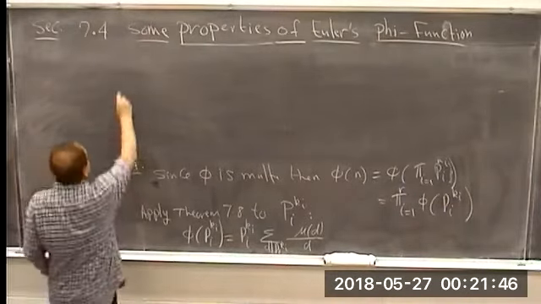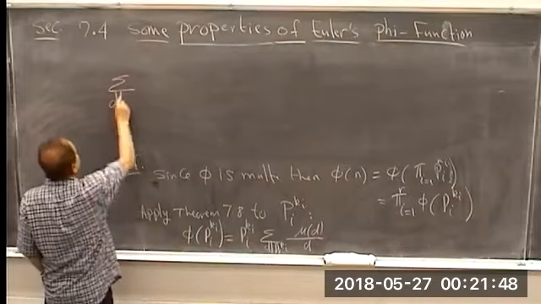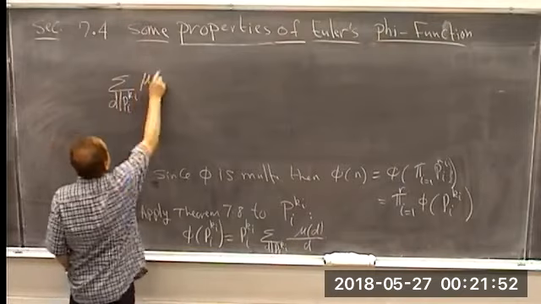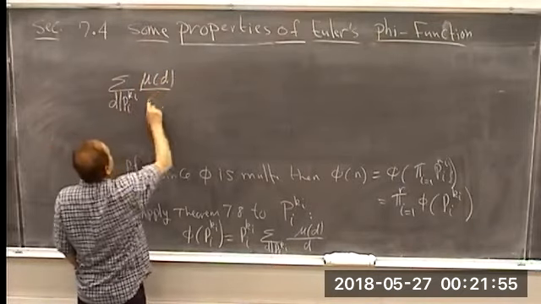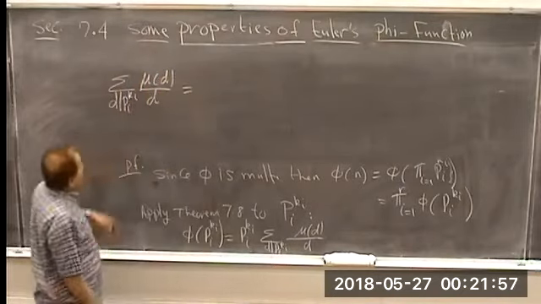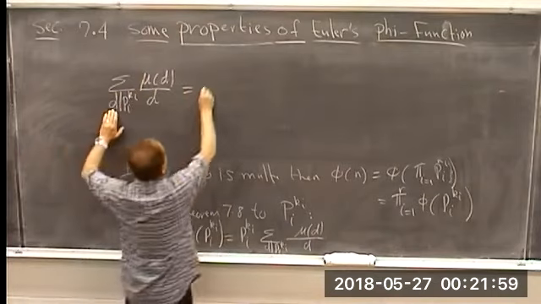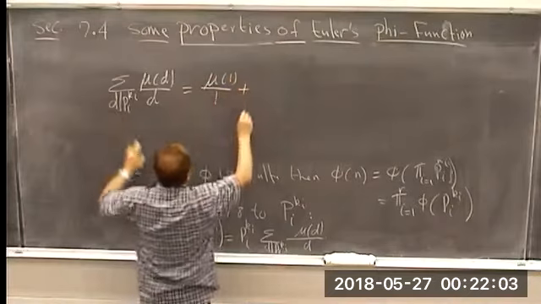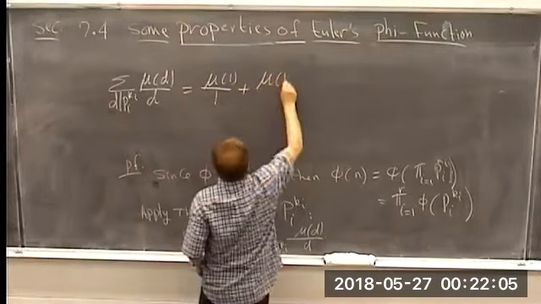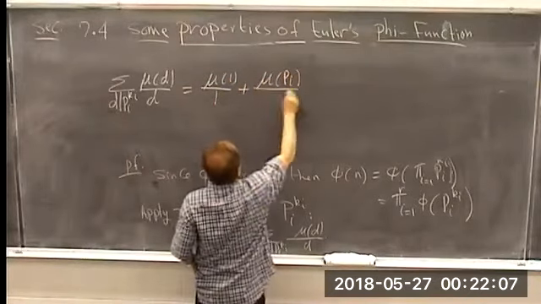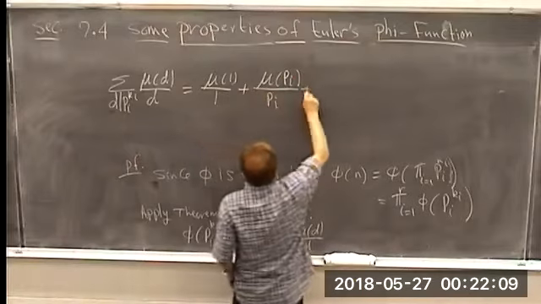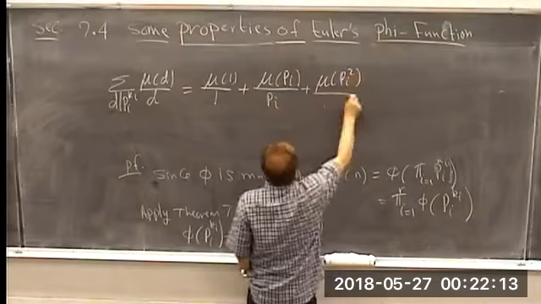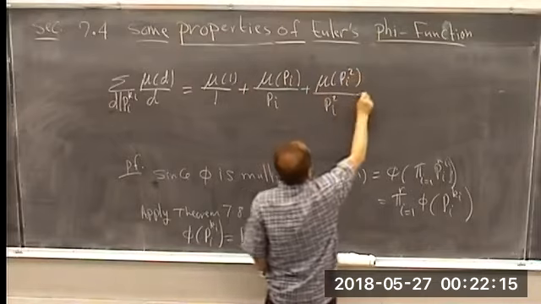All right, now let's look at this sum, the sum over d dividing p sub i to the k sub i of mu of d over d. Well, the divisors are 1, first of all, mu of 1 over 1, plus mu of p sub i over p sub i, then mu of p sub i squared over p sub i squared, and so on.